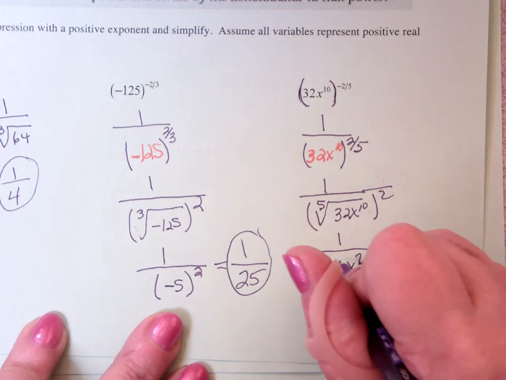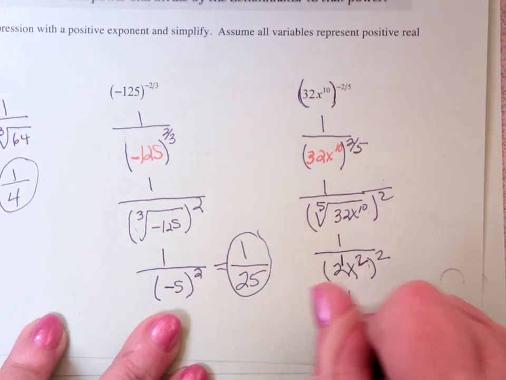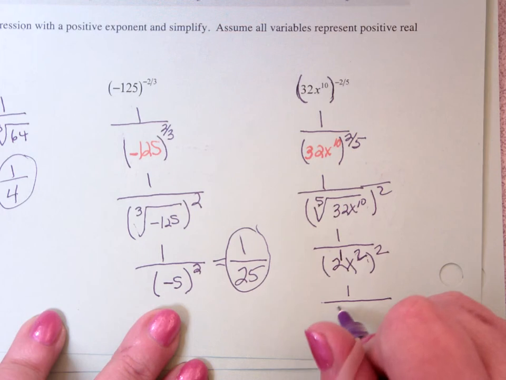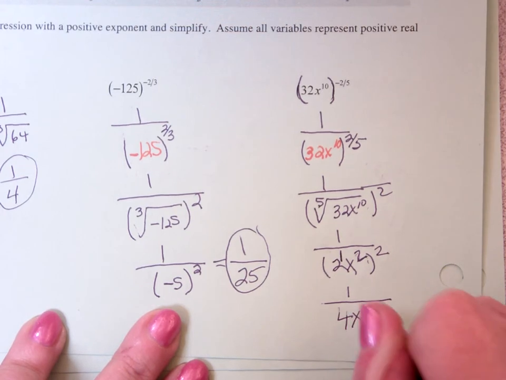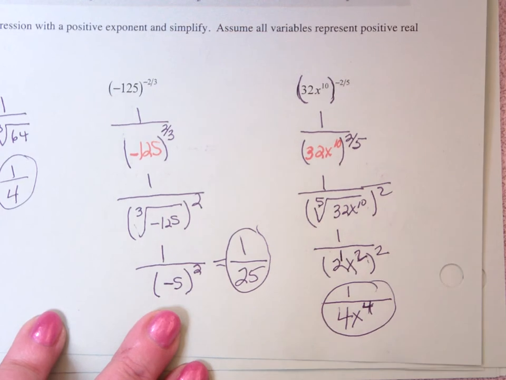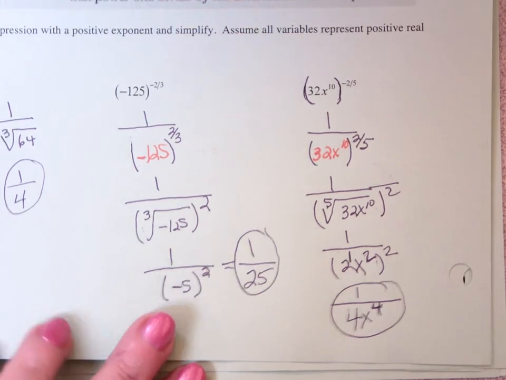So 2 has a 1 on it. So this is 1 over, what's 2x squared squared? 4x to the 4th. So 2x squared times 2x squared is 4x to the 4th.